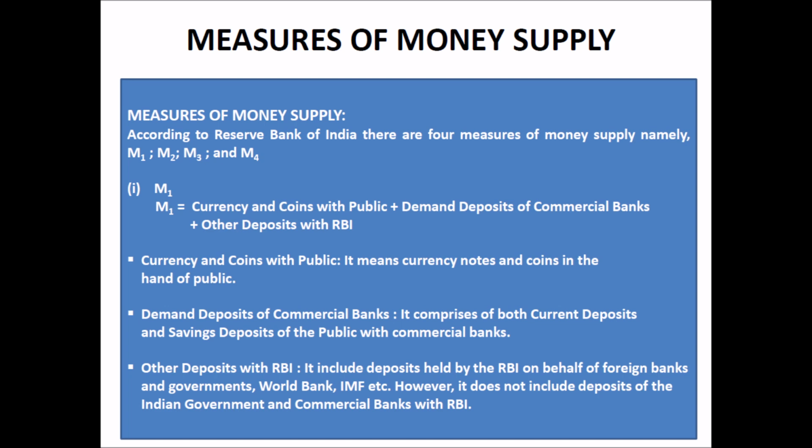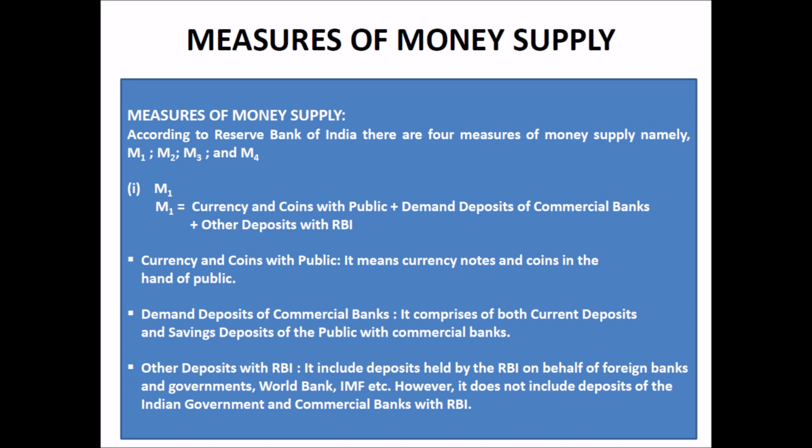You must have known about this when you withdraw money from the ATM or when your parents do. Basically, demand deposits are those deposits on which the depositors or the public can withdraw their money on demand, that is, according to their need.